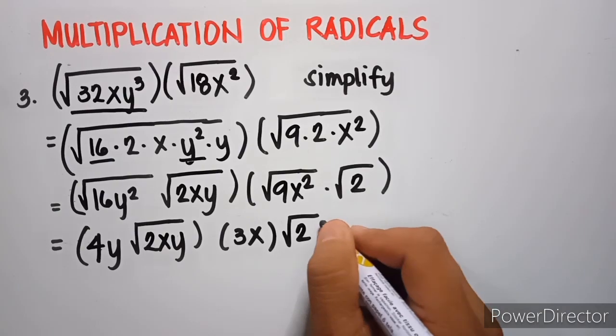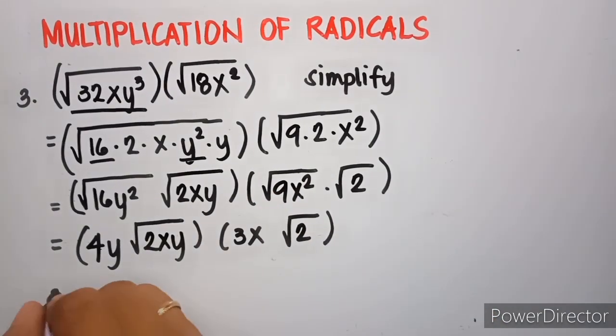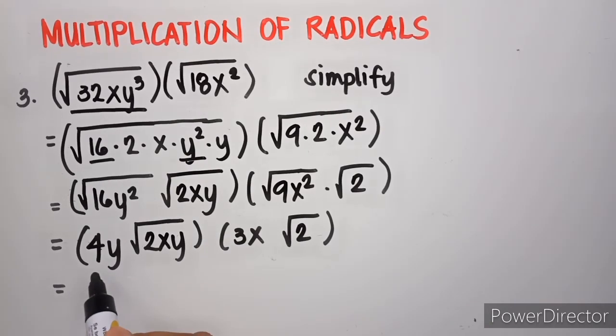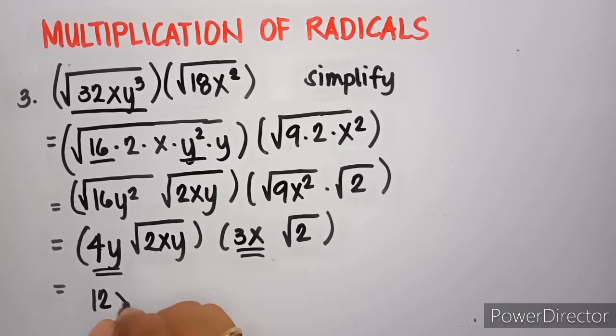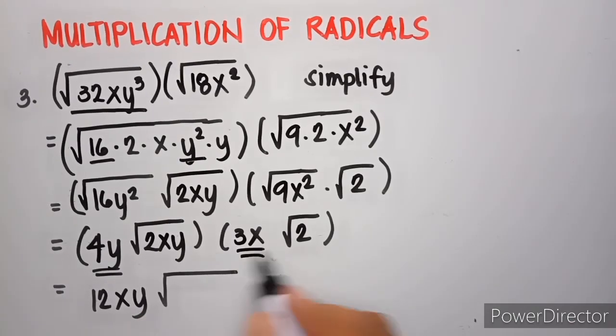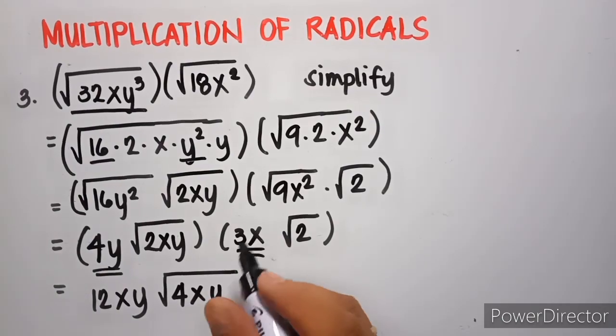Okay. Then, let's multiply. 4y times 3x. So that is 12xy. Then, since both square root, so we have square root of 2 times 2, that is 4xy. Okay.